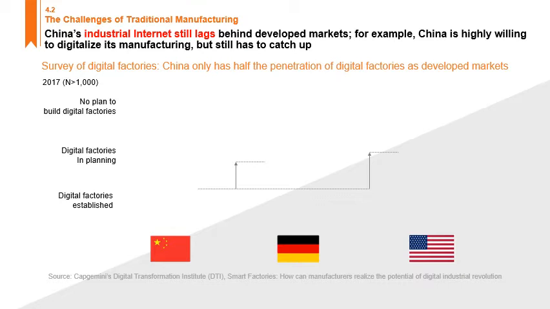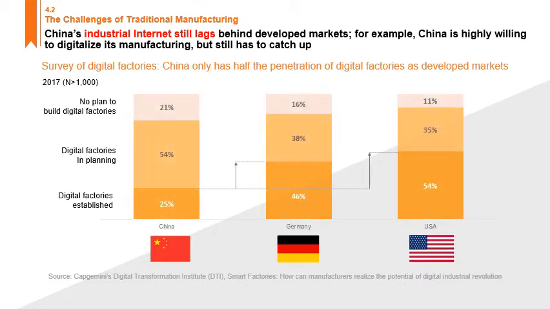Now, this is from the Digital Information Institute on smart factories. So each country actually has its own plans to digitalize their factories. But as you can see here, Germany and USA have almost doubled their capacity to digitalize their factories as compared to China.